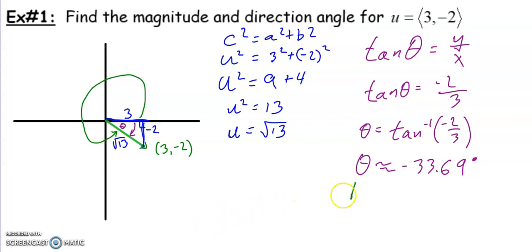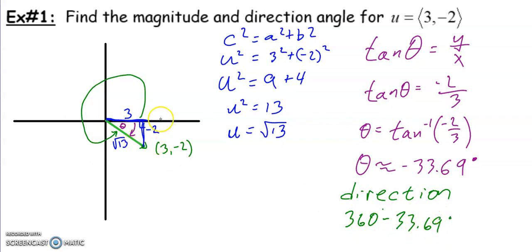So to find our direction, how many degrees until we get to the vector, we're going to do 360 degrees minus 33.69 degrees. I'm going to back it off from the 360, and we find out our direction is going to be 326.31 degrees.